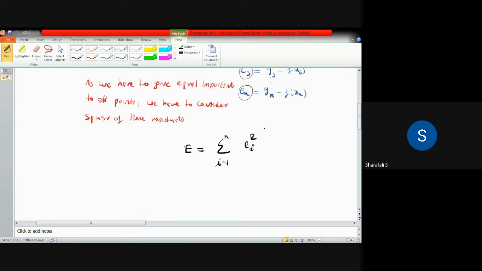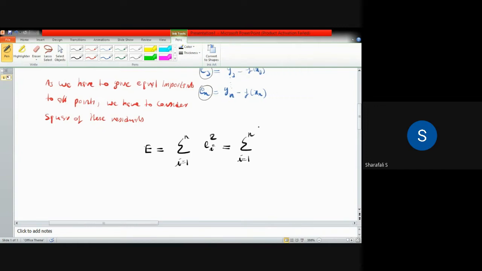This is equal to sigma i equal to 1 to n, where ei is yi minus f of xi, and this has to be squared.